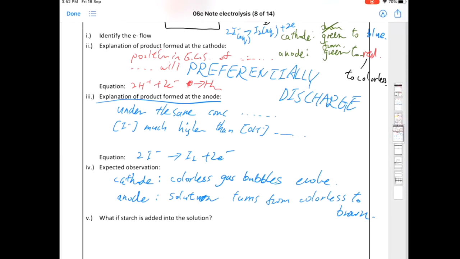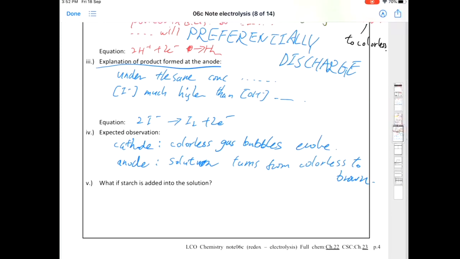Sometimes you will add some more reagent into the system to confirm the status of the product formed. And this time, what if starch is added? Turn deep blue. Why? To indicate the presence of iodine. And if iodine combines with starch, it will form a deep blue complex ion.